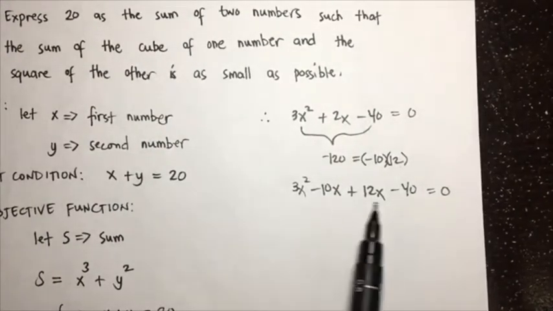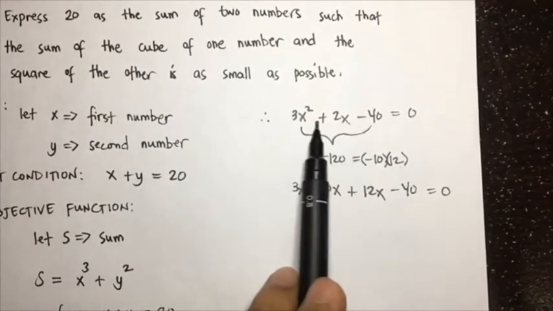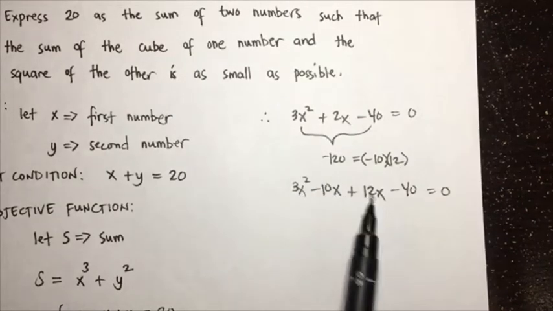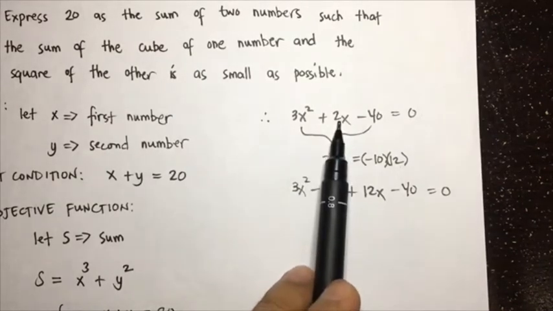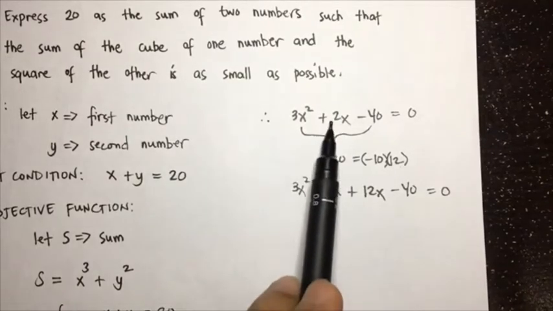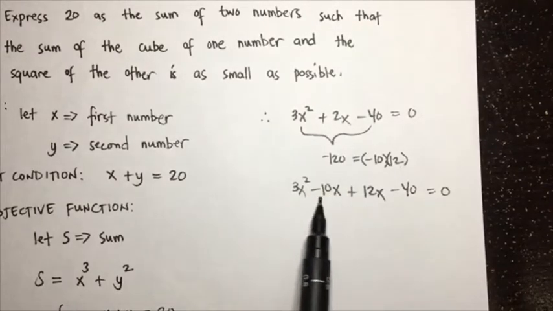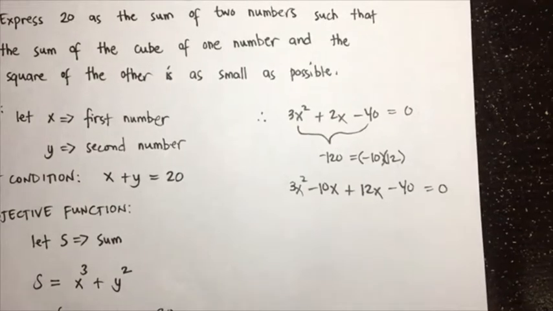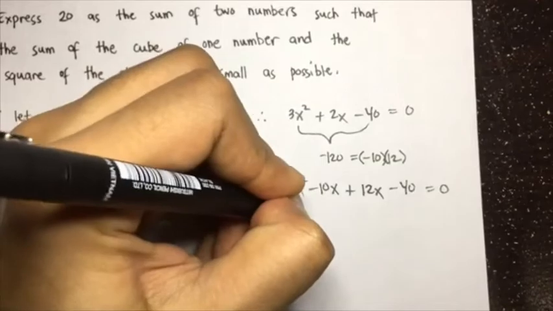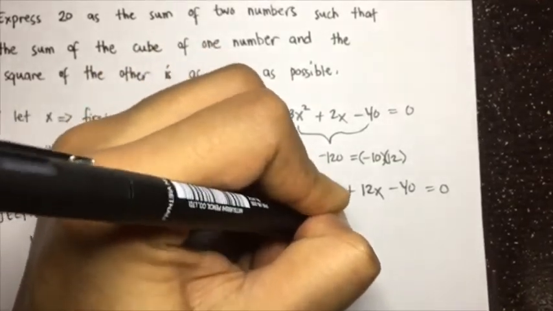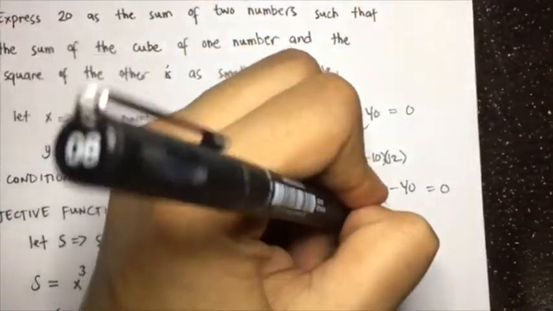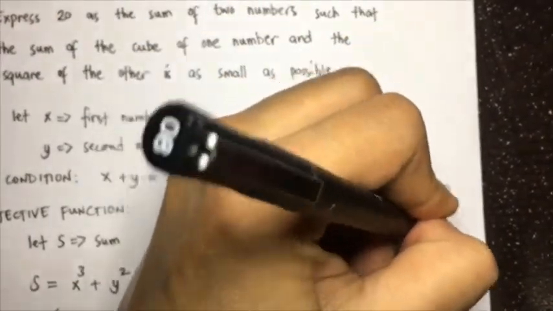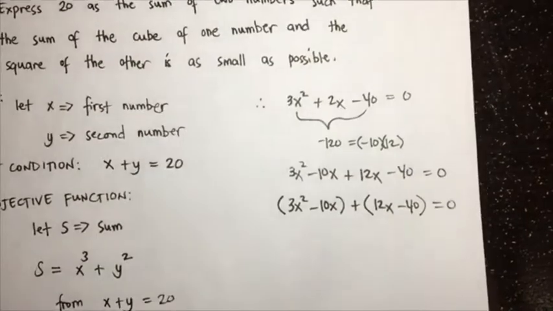This equation is still the same as before, since negative 10x plus 12x is still equal to 2x. We separated 2x so that we can group them later on. Grouping the first and second terms, and the third and fourth terms, we have 3x squared minus 10x, one group, plus 12x minus 40 is equal to 0.